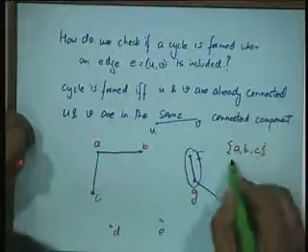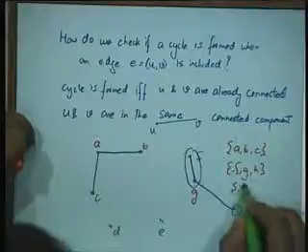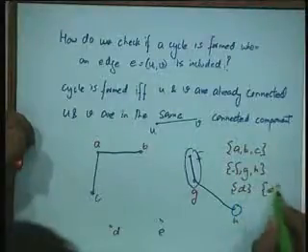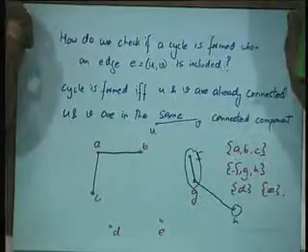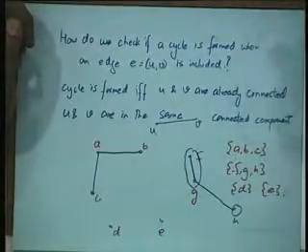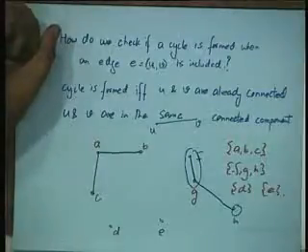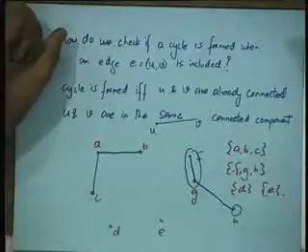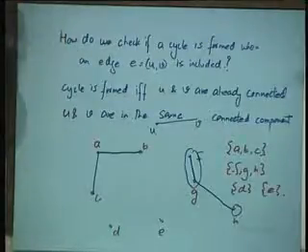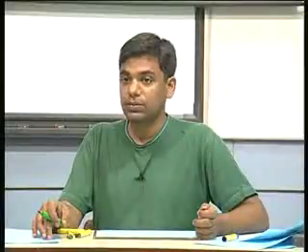A, B, C is one set, F, G, H is another, D is a third, and E is a fourth. These are the 4 sets that I have at this point. I am just interested in the sets of vertices. The vertices in one connected component form one set. As you can see, these sets are all disjoint and their union is the universe. They form a partition of the vertex set, right.